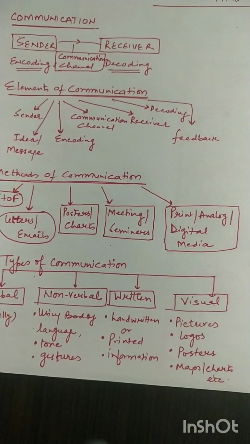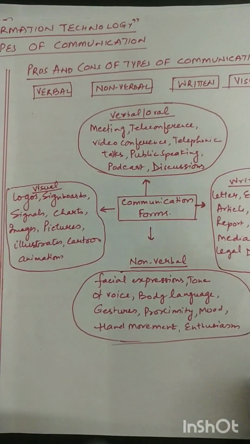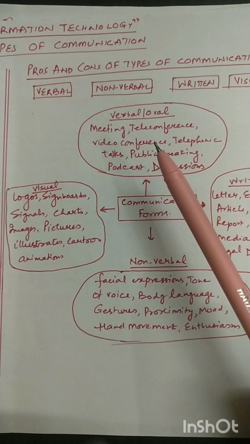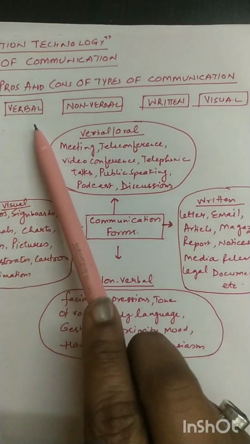Now, what are the different pros and cons of types of communication? When we talk about pros and cons, that means we are talking about the different advantages and disadvantages of using different types of communication. So let's talk about the first one, that is verbal.